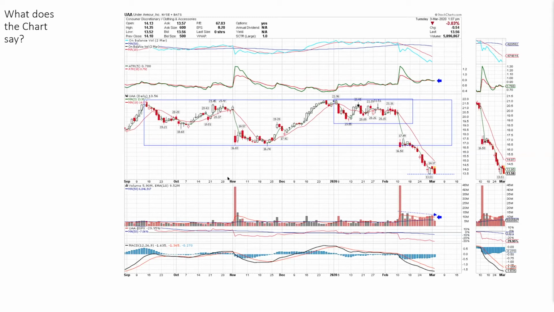The 10-period is decreasing. We see that this stock appears to have fallen out of a range in what is theoretically a significant sign of weakness. It's gone from 22 to 13.5 in a matter of 3 weeks. Great short, but if you wanted to go long Under Armour, I think you might have suffered some damage.